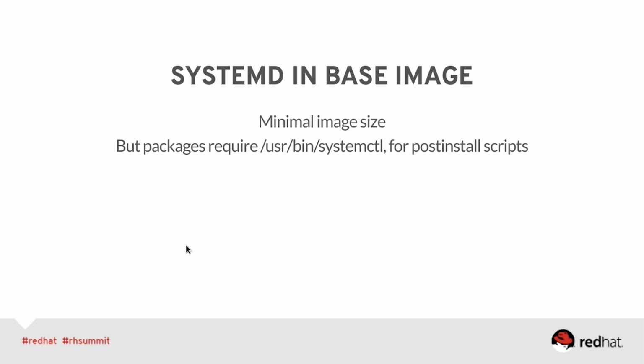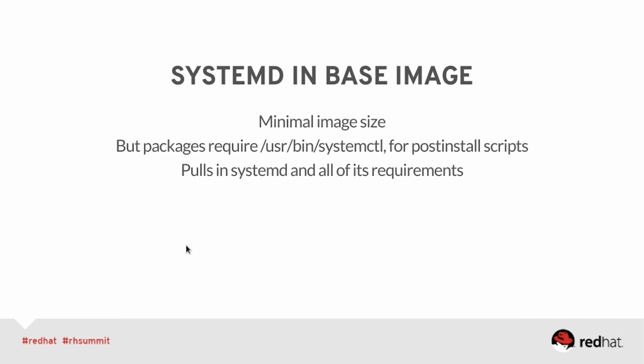But one of the problems is that the way we package software, the packages expect that systemctl is in the base image. So packages required /usr/bin/systemctl for post-install scripts, and that caused systemd to get sucked in. When we were first doing the base image, systemd was really large, so we wanted to figure out a way that we couldn't have systemd.